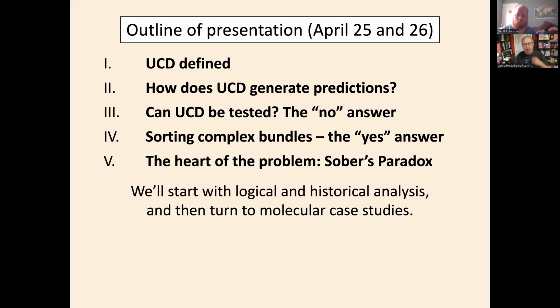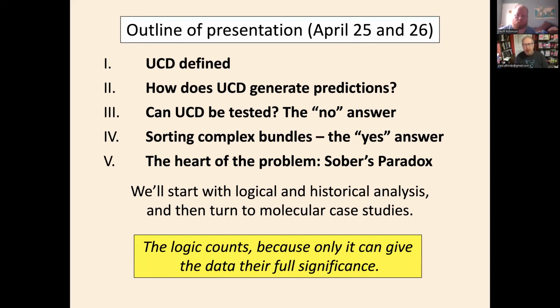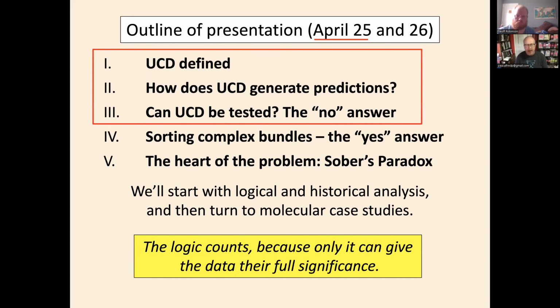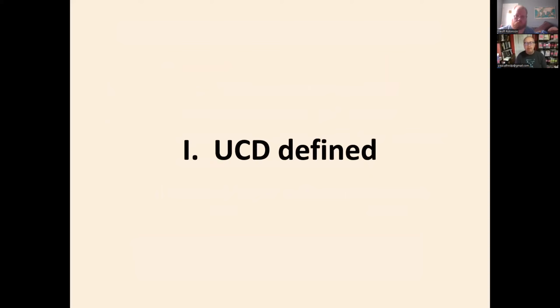So today, logical historical analysis, begin with some molecular case studies, and then tomorrow, molecular case studies in more detail. So this is what we'll focus on today. And again, as this slide indicates, the logic counts because that's what gives the data their full significance. All right, defined.